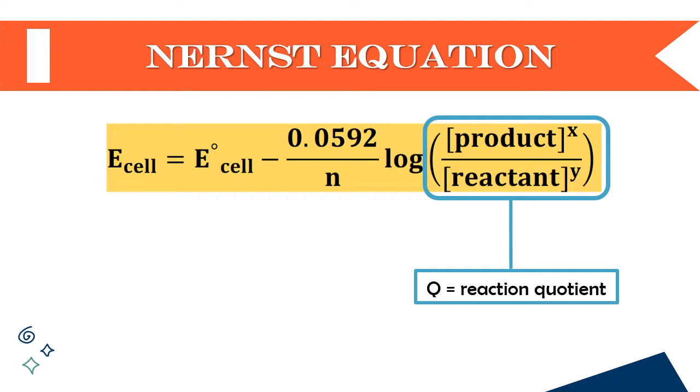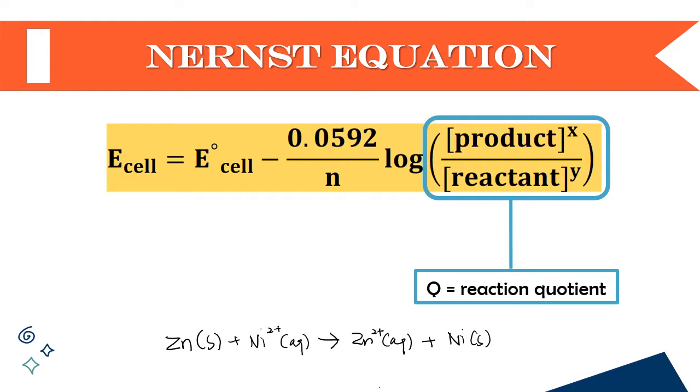Let me give you one example of how you're going to write down your Q. Let's say the balanced equation that I have is zinc solid plus nickel 2 plus aqueous to produce zinc 2 plus aqueous plus nickel solid.